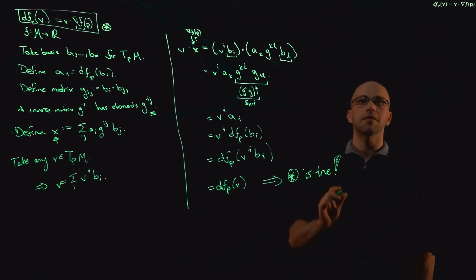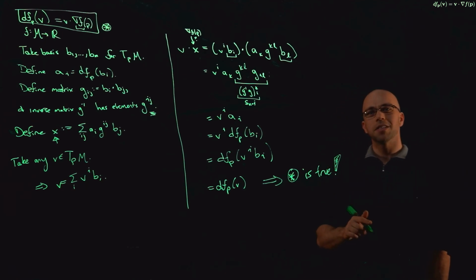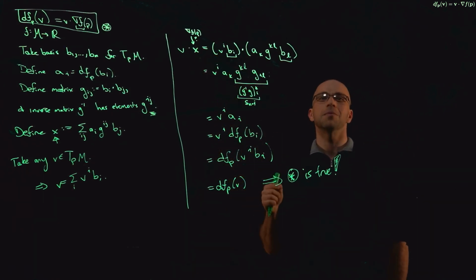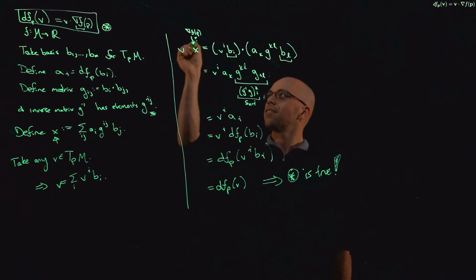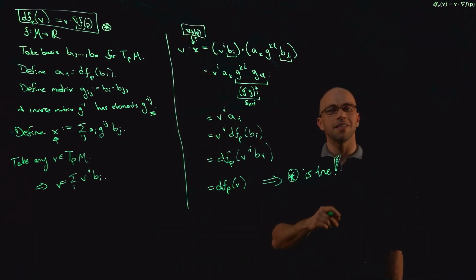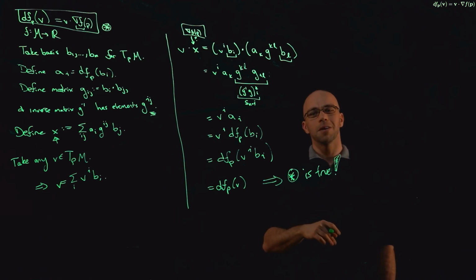Now, in the course notes, I also give an additional detail, which is that no other gradient vector can exist in the tangent plane. So in fact, x is unique. So it's a well-defined thing to talk about the gradient of a function f as an assignment of a tangent vector per point on our manifold.